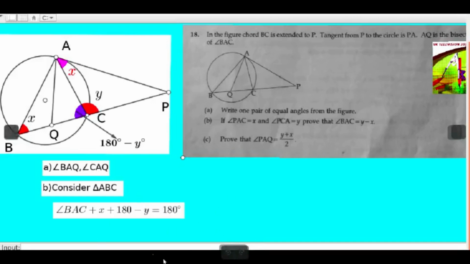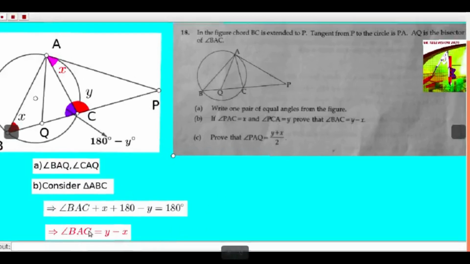Now 180 is cancelled, then angle BAC is equal to Y minus X. So we obtain the answer of the second question.